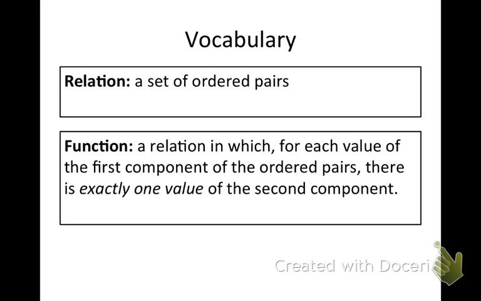And for each value of the first component of the ordered pairs, which are your x values, there is exactly one value of the second component.